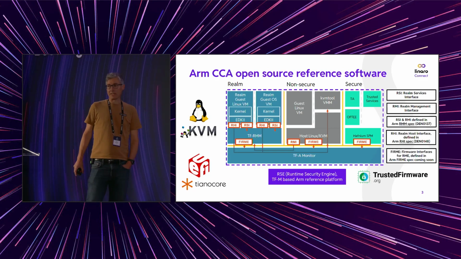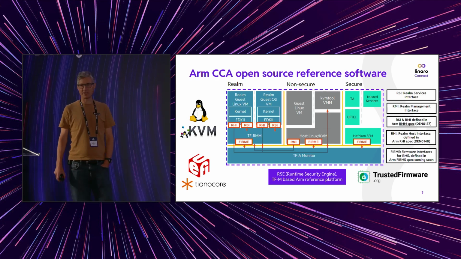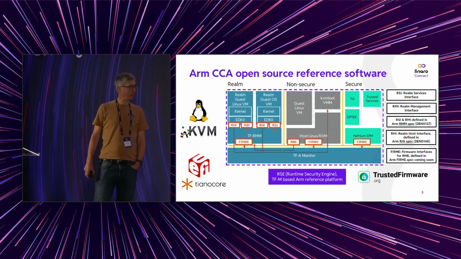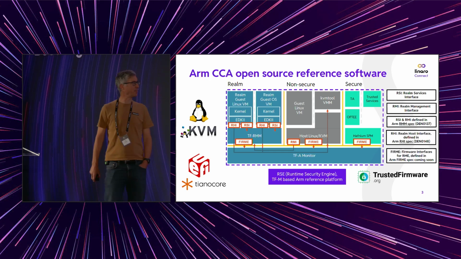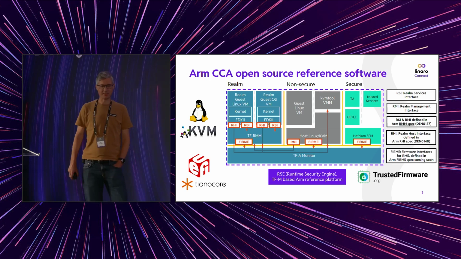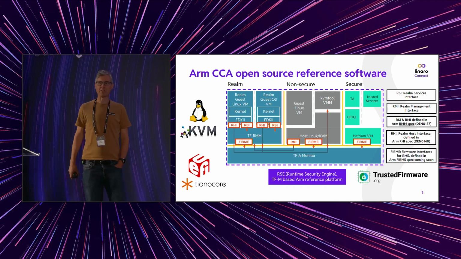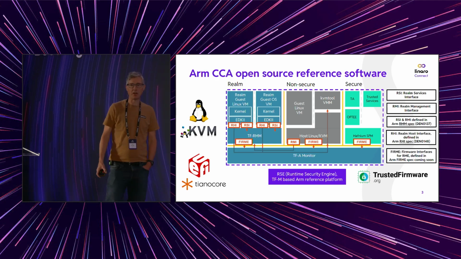So here's a stack diagram, which if you've been to any other CCA talks, you've probably seen before. There are a few more details I've put on here since last time. The bits in a bluish color in this rendering are all parts of the TCB, the Trusted Computing Base for ARM CCA: the Realm guest VM itself, and then what we call the CCA firmware, which is the RMM software, with a trusted firmware implementation of that, and also the monitor firmware underneath, TF-A as we traditionally call it.